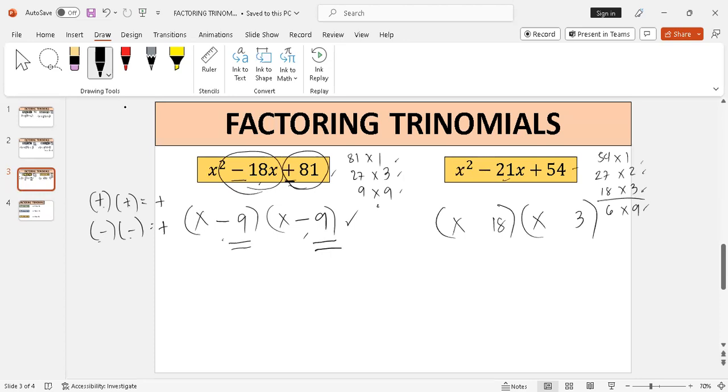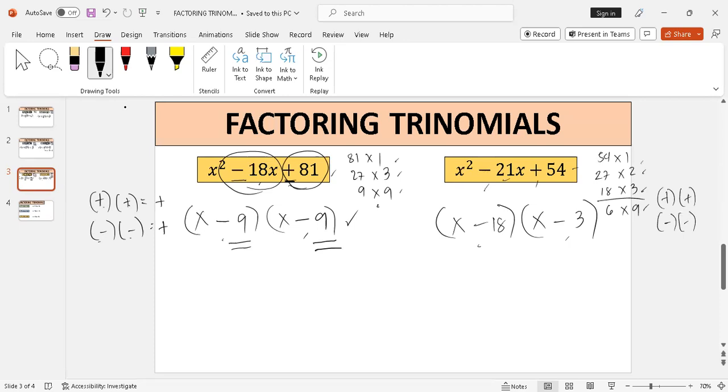Ngayon, ano yung magiging symbols nila? Since positive yung last term, pwedeng parehas ng factors ay positive or parehas ng factors ay negative. Pero since yung symbol ng middle term ay negative, both of the factors should be negative, or should use negative or subtraction.